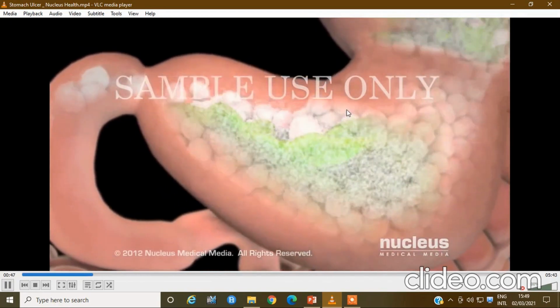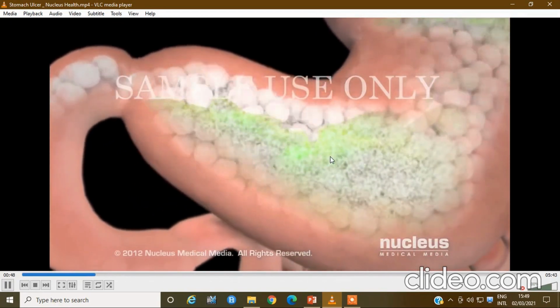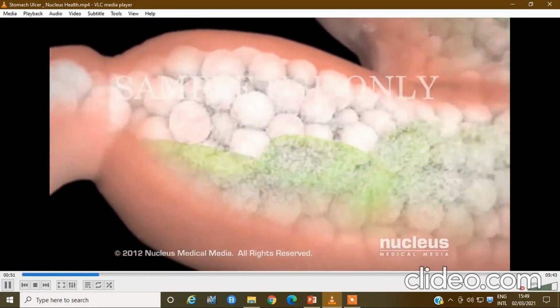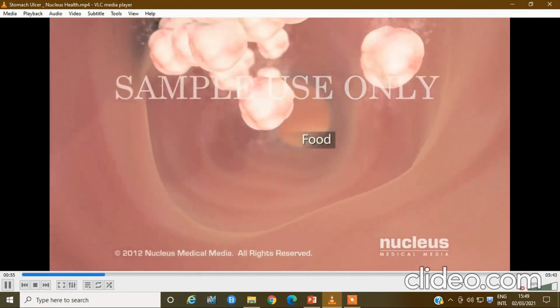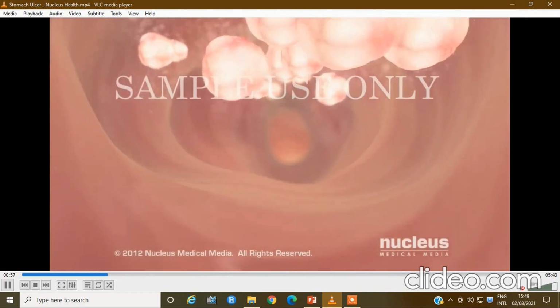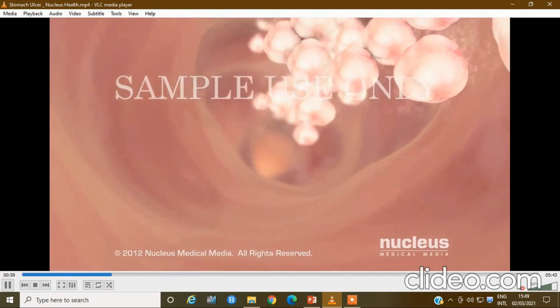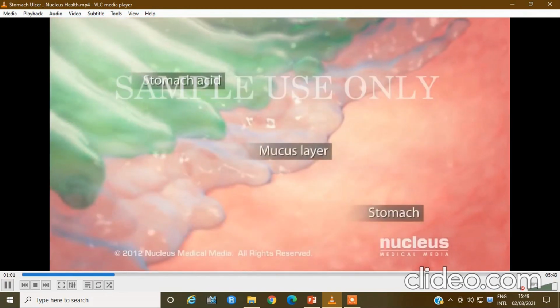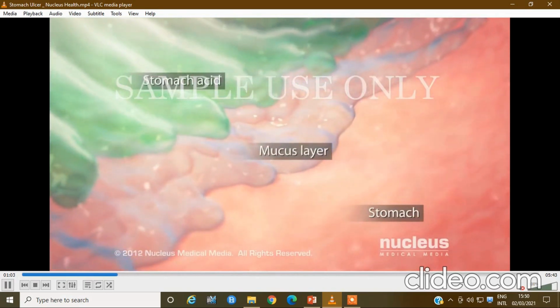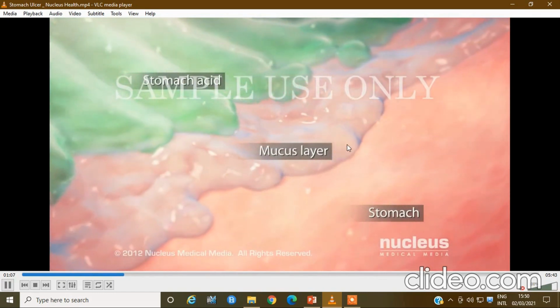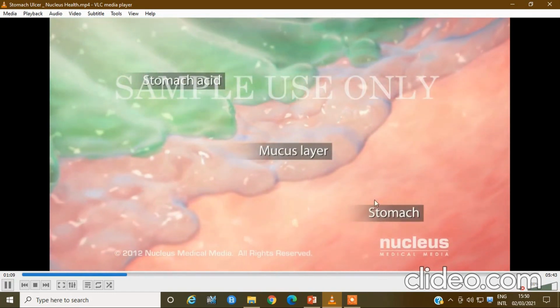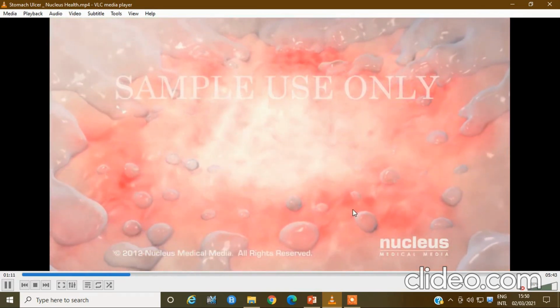Whenever food enters the stomach, the peristaltic movement of the GI tract results in forming a small tiny bolus of food material, and thereby it enters the intestine where it gets absorbed. The protection against the gastric juice is done by the mucus layer of the stomach cells.